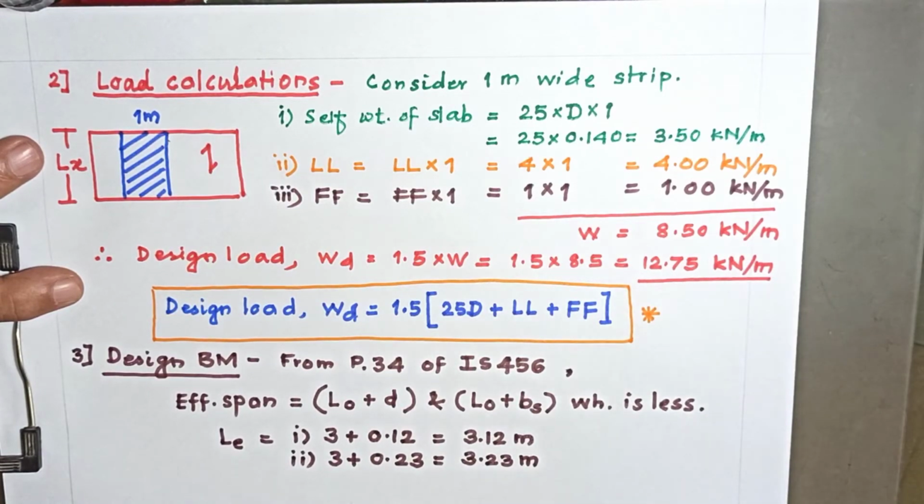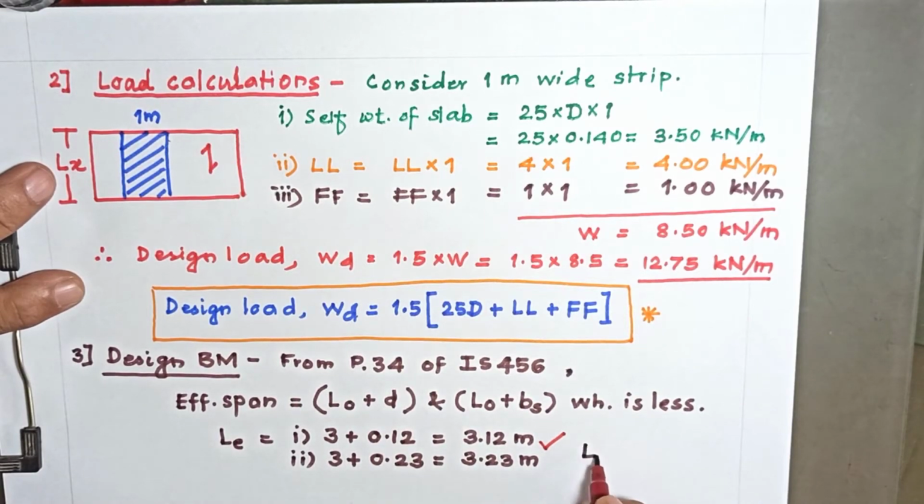Whichever is less, you can very easily see that this is lesser of the two. Therefore, the effective span LE is equal to 3.12 meter.